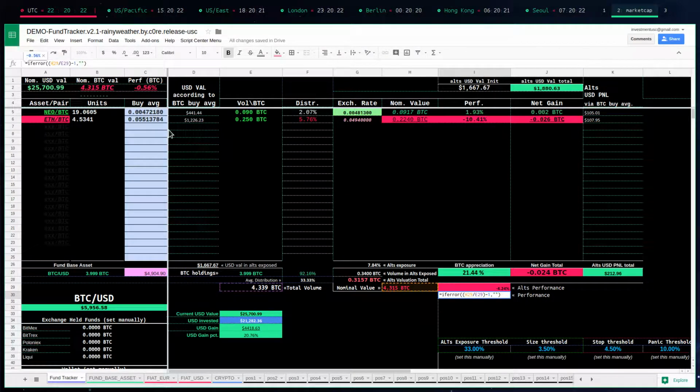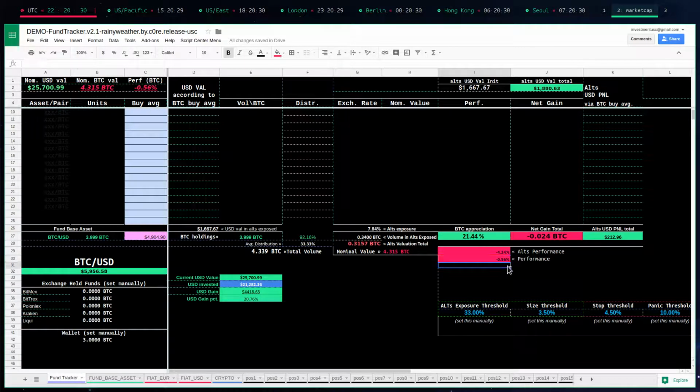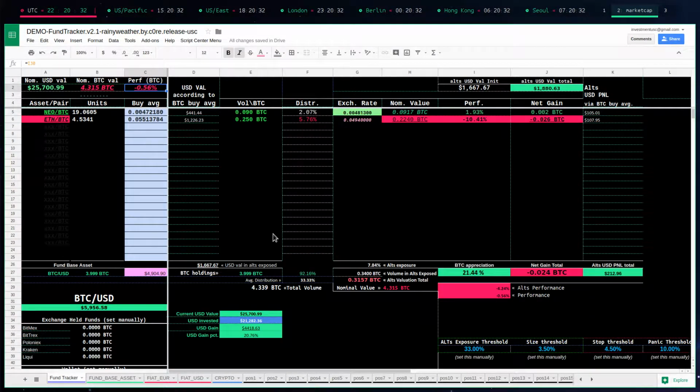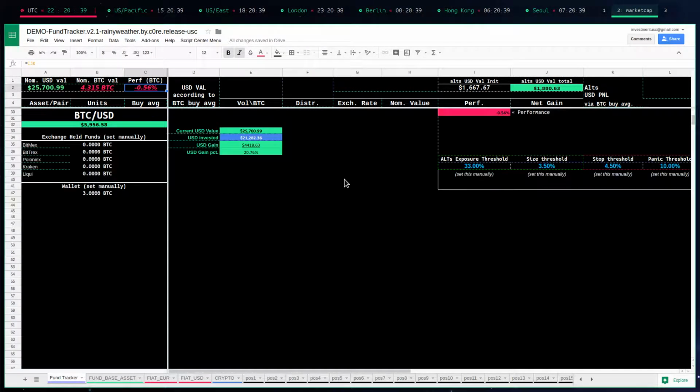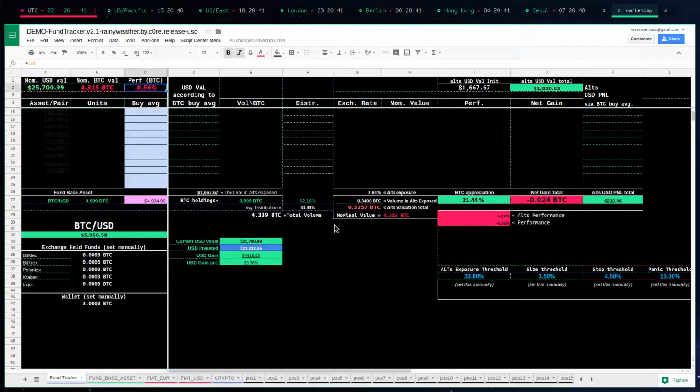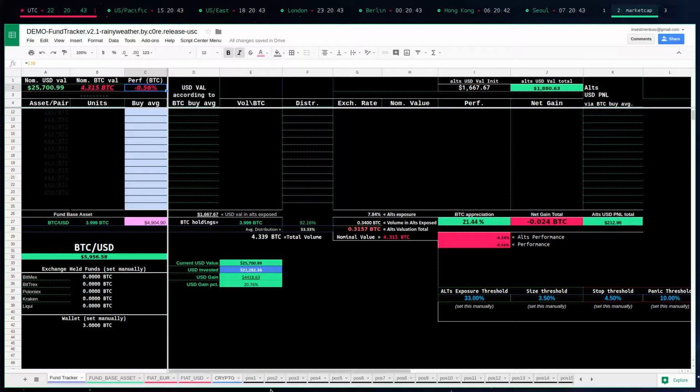Oh no, it checks your total volume versus the nominal value right now. So that's the current performance of the complete funds that you are trying to sail through crappy markets.